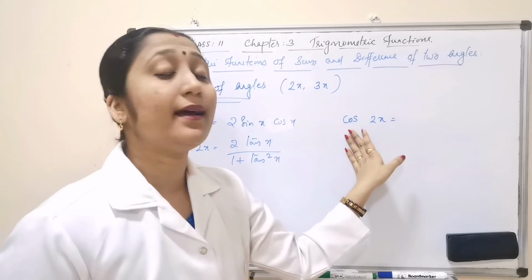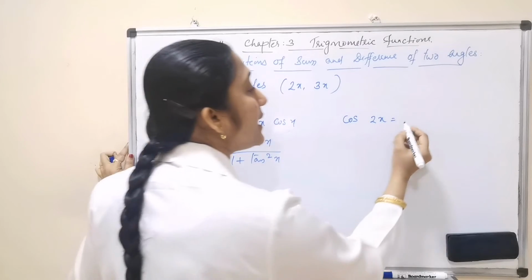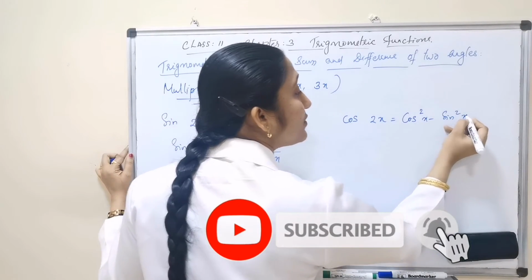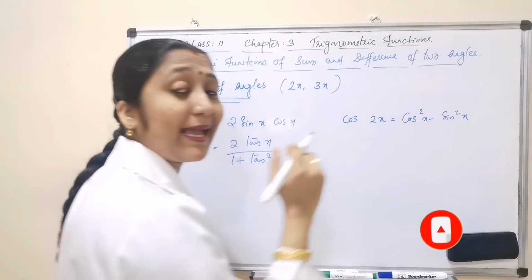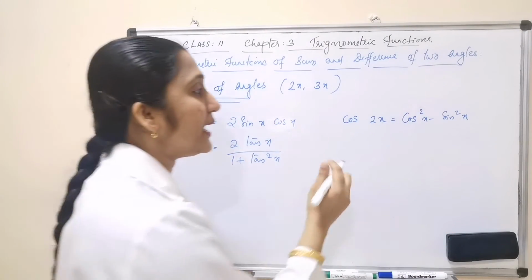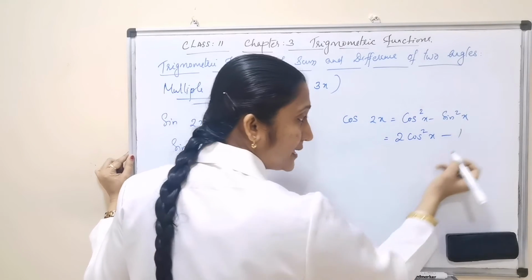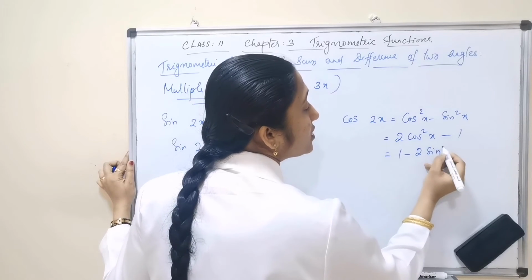The next is cos 2 theta, or cos 2x. That means cos square x minus sin square x is one formula. Cos 2x equals cos square x minus sin square x, or 2 cos square x minus 1, or 1 minus 2 sin square x.